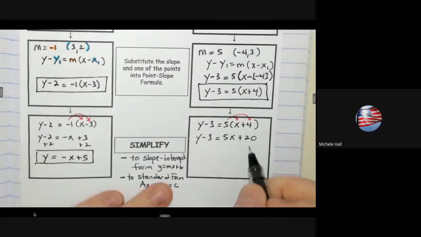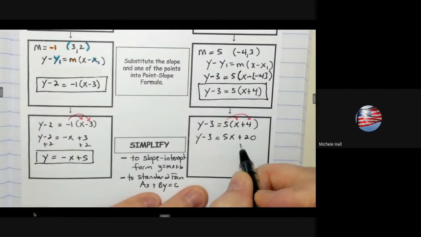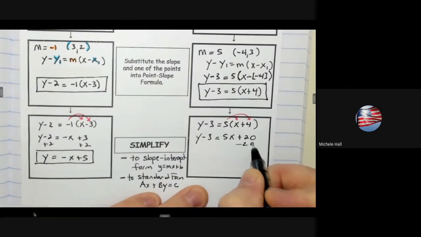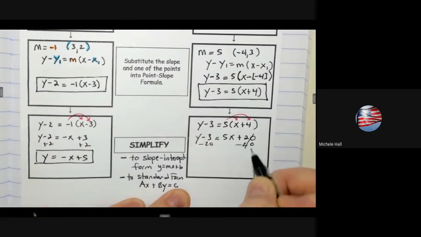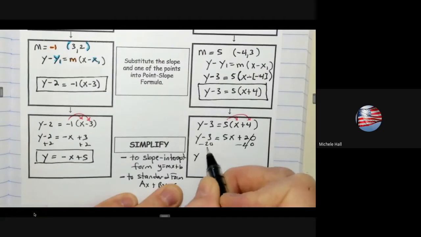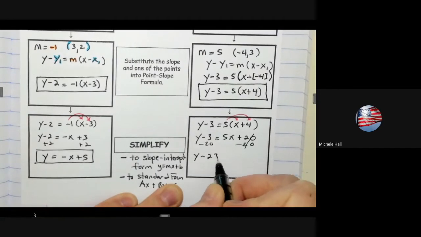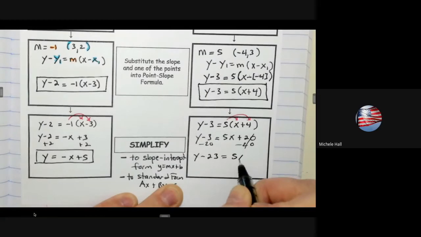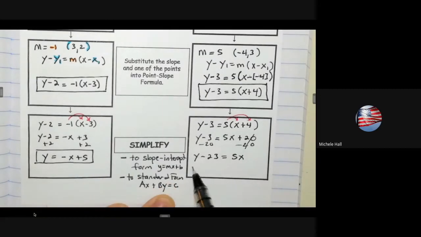Let's start with moving the 20. So the opposite of a positive 20 is a negative 20. We have y minus 23 equals 5x. The last step would be to put the y on the right-hand side. The opposite of a positive y is a negative y.